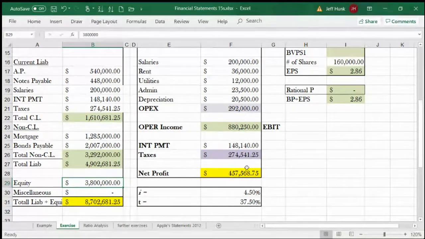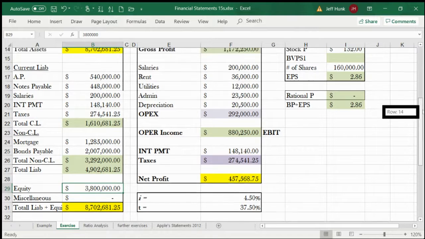But this is not paid in, it is generated by the company's operating activity. So it is additional equity that belongs to the owners, generated by the company's operating activity. So at time 1, the equity will have increased by as much as this. Equity at time 1 will be equity at time 0 plus EAT at time 1.